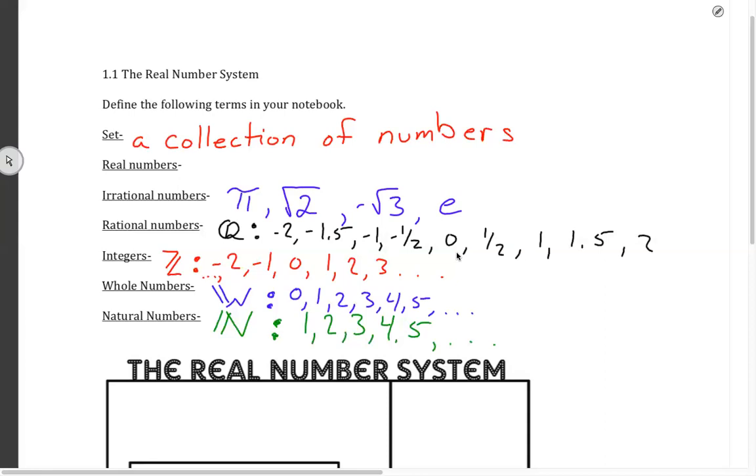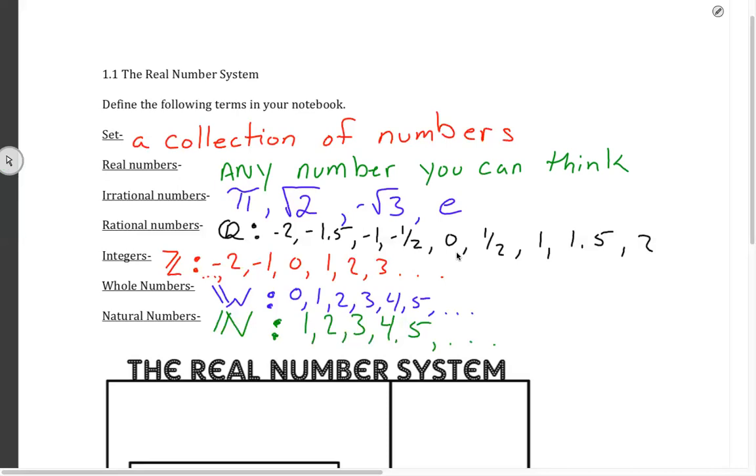Real numbers, okay, not a formal definition here. I'm just going to go with, at this point, and like I said, this is not a formal definition, it's any number you can think of. Now, of course, there is a set of numbers out there that are not real.